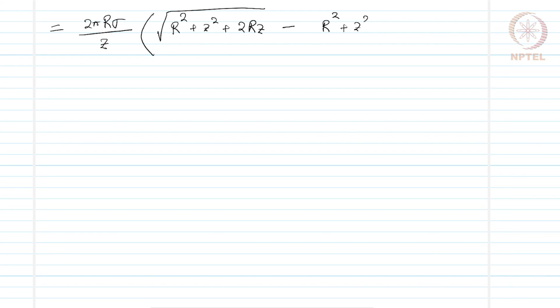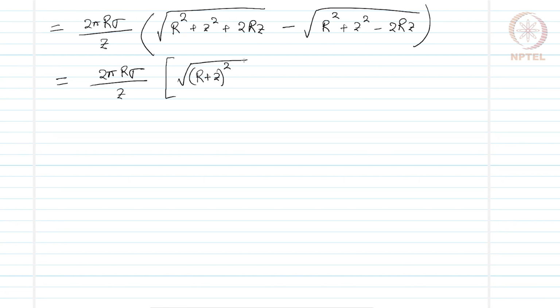That equals 2 pi R sigma over z times square root of R squared plus z squared plus 2Rz minus square root of R squared plus z squared minus 2Rz, which is 2 pi R sigma over z times square root of (R plus z) squared minus square root of (R minus z) squared.